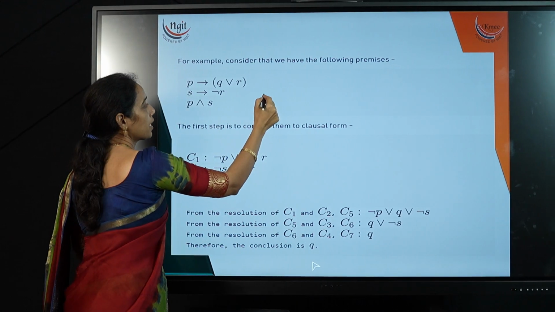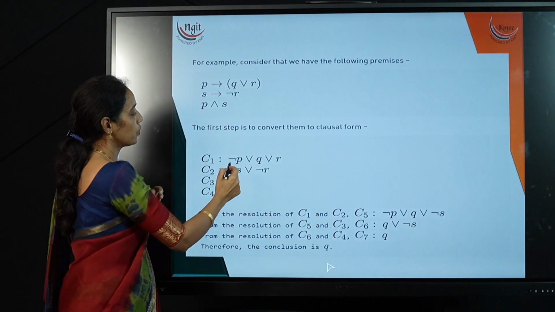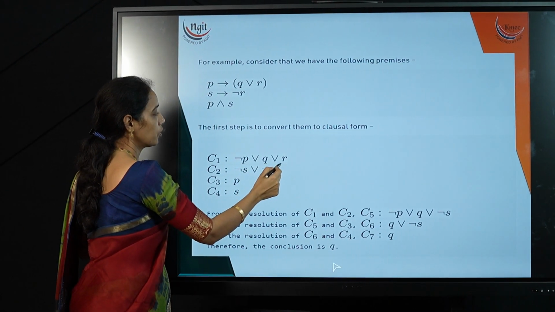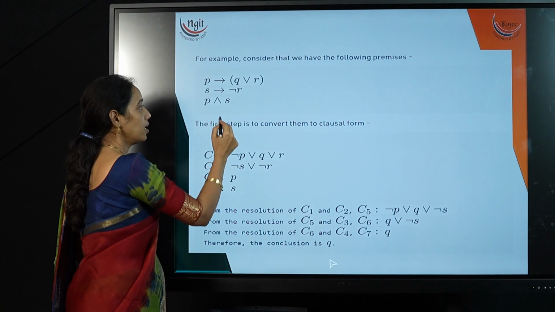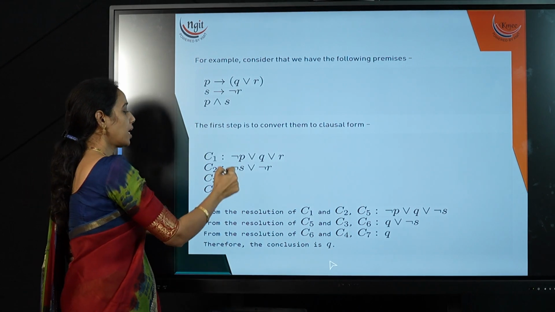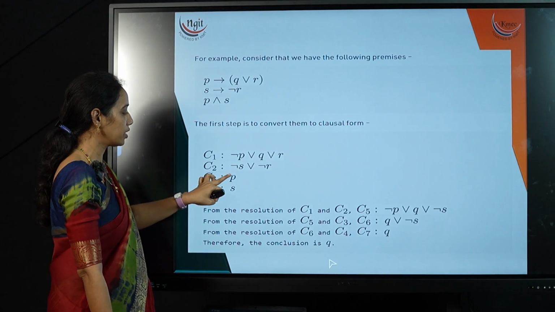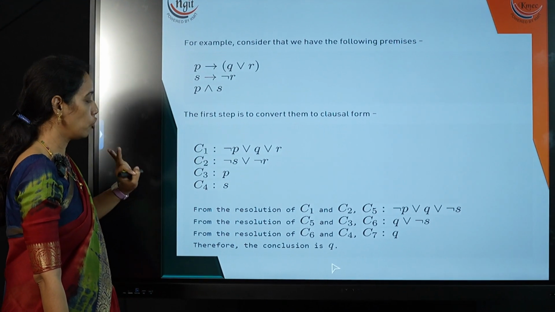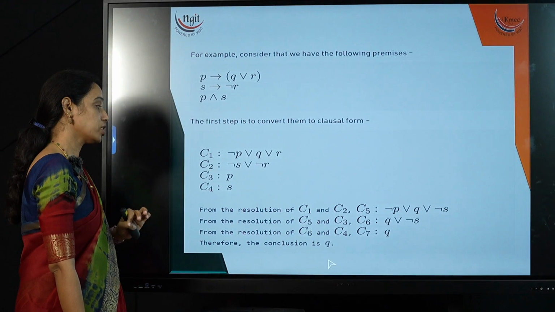We know that P → Q is ¬P ∨ Q. In that way, P → Q is ¬P ∨ Q ∨ R, and S → ¬R is ¬S ∨ ¬R. And whenever we have P and S, that is A and B, we can write it as A and we can also write it as B. So in that way we have written P and S. These three premises have been converted into four clauses.